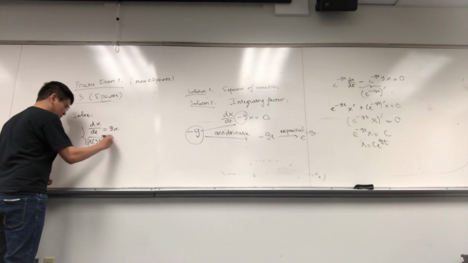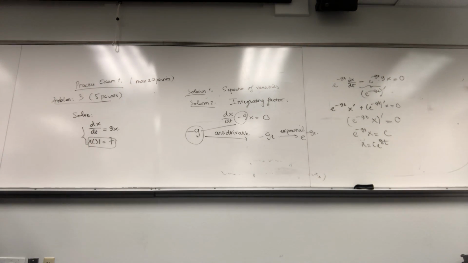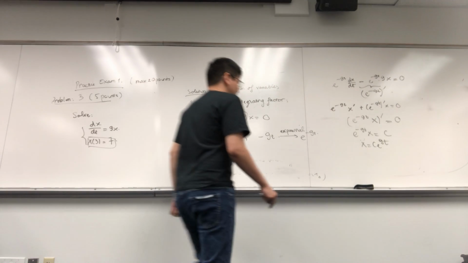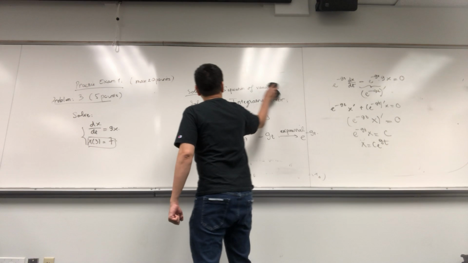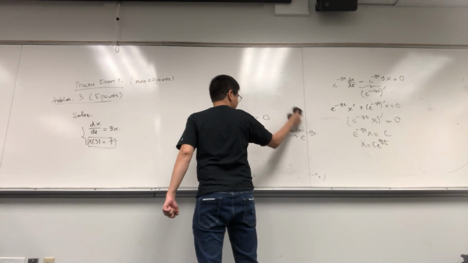But I have an initial condition. So how can I solve the equation? Yes, you plug in the values in the initial condition. All right. So you use the initial condition to find the constant c.